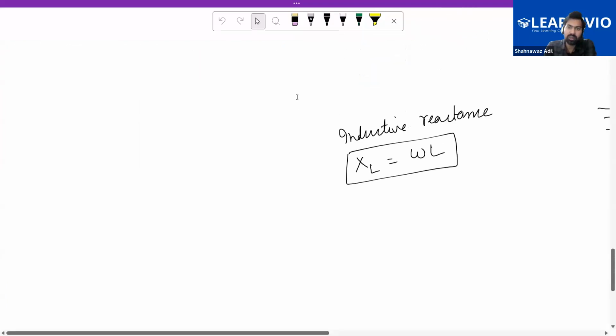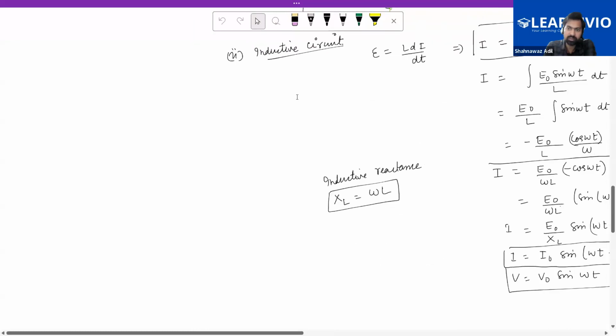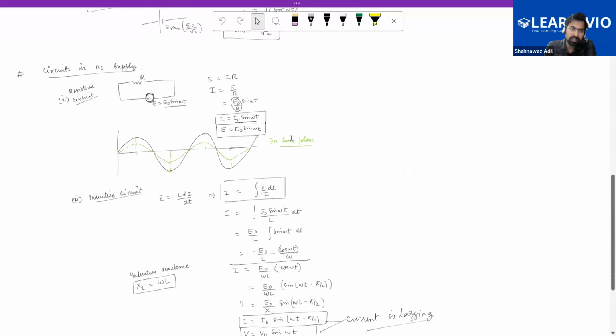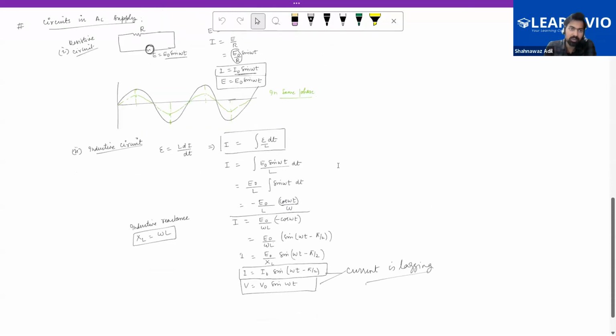Now we will... so this is the thing that we got, right? And then we were about to talk about the capacitive circuit, right?